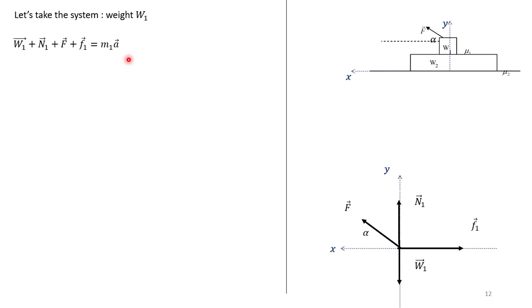And once again, we want to prove an inequality. The inequality here can be found if we say that the system, which is W1, cannot move relative to W2. So here we have a conflict, once again, between the friction and all the other forces.